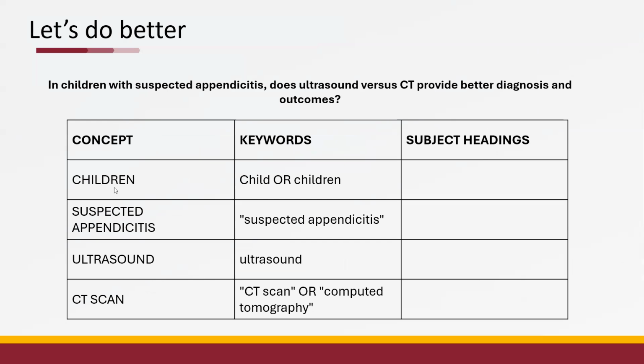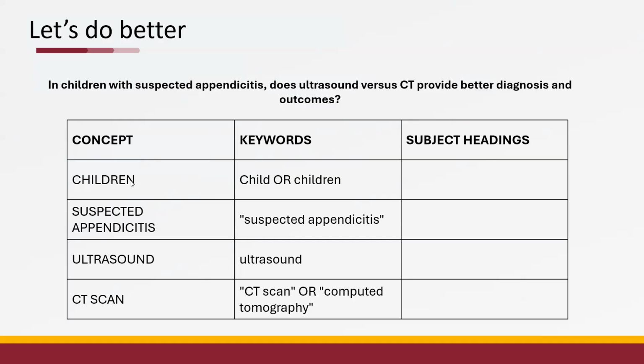But as you can see, I've identified 4 key concepts in this search. I really want children. I really want suspected appendicitis. Should have chosen an easier thing to say. Ultrasound and CT scan, right? Those four things have to be there to be what I want for my search.